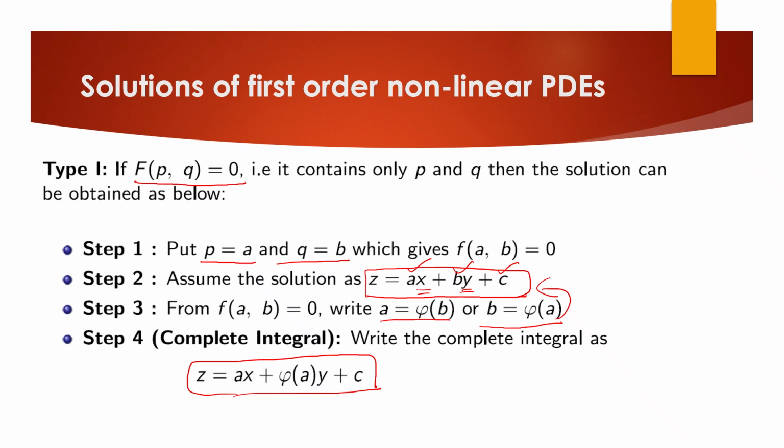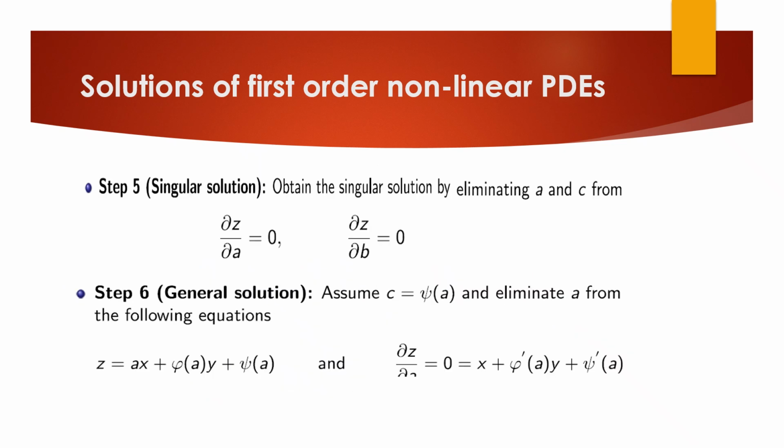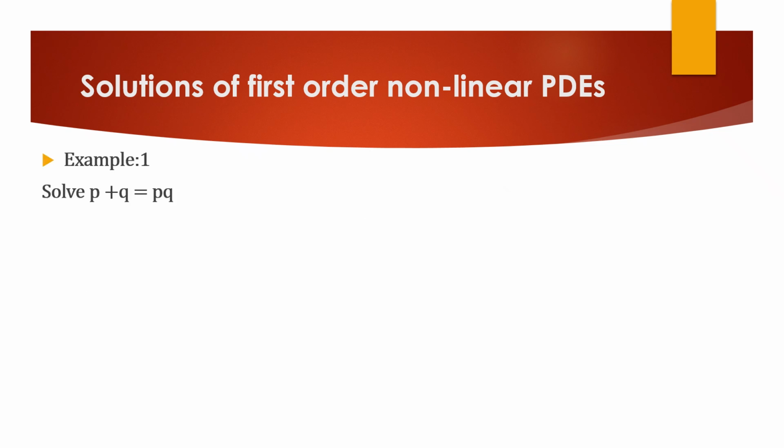And then we find our singular solution by differentiating the complete solution with respect to the arbitrary constants a and c, and then eliminating those constants gives the singular solution. And then finally, taking c as a function of a, differentiating with respect to a and eliminating a gives the general solution. So now we'll see one example.